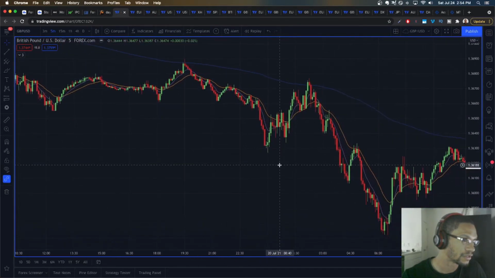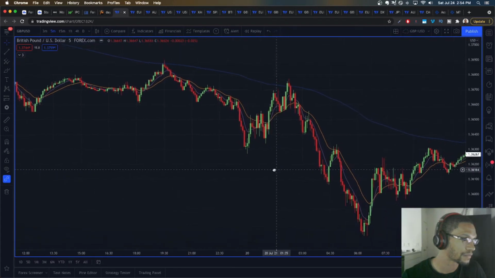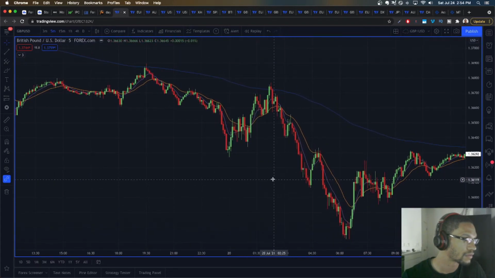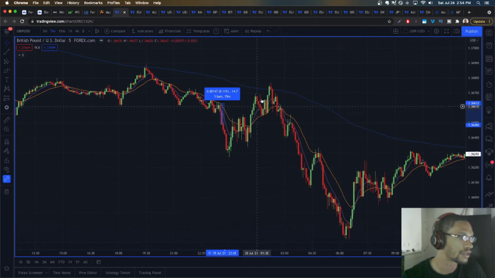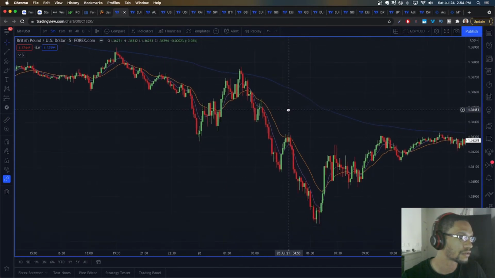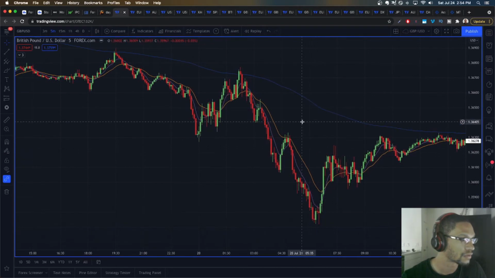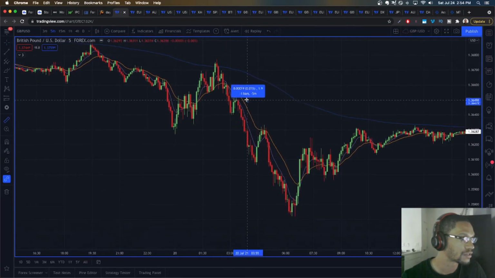All right, and then here's Tuesday. We got another breakout here. You could have gotten 1.25, but if you went for more than that, it would have failed up here. Nice trend continuation here.